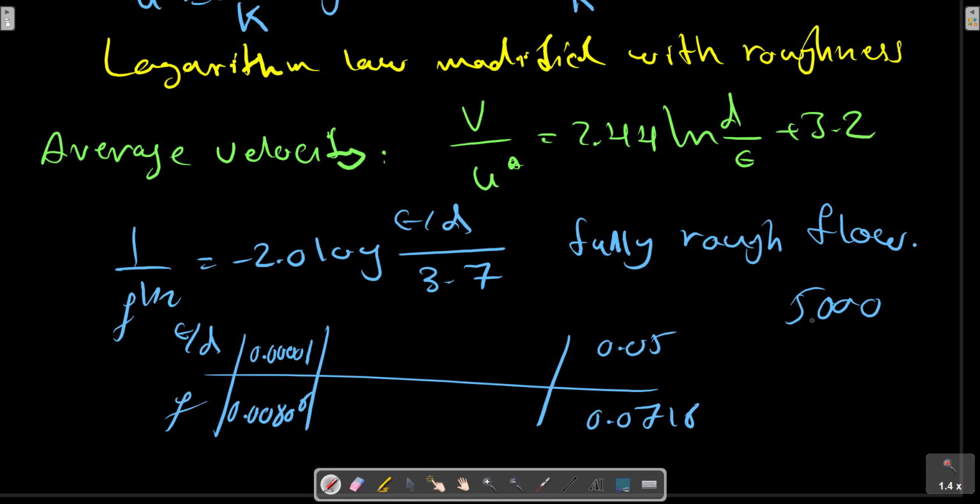In the transitional roughness region and grain, we have somewhat different behavior from the commercially rough pipes.